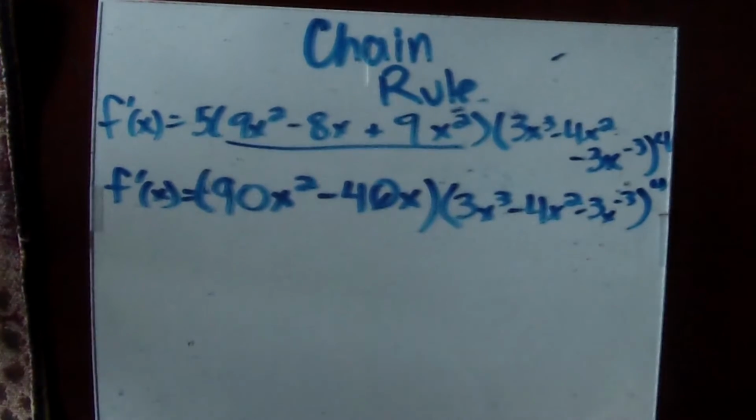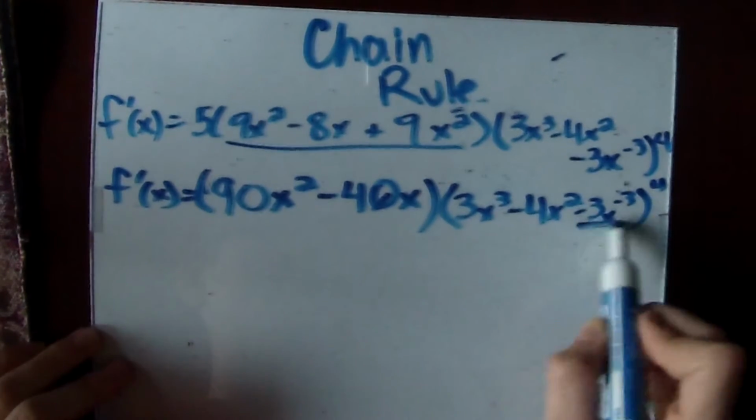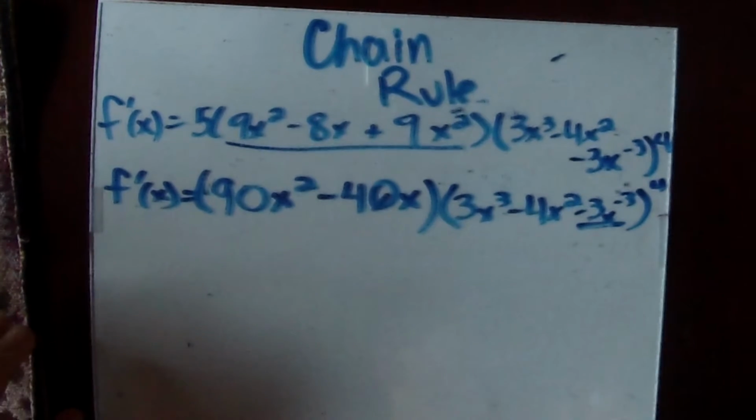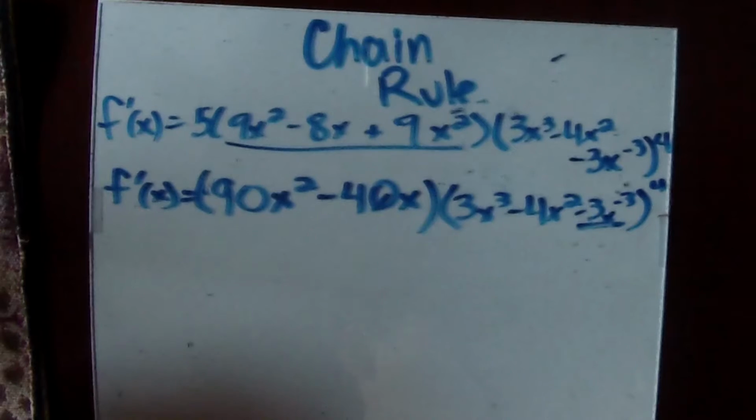Now, we're not quite done yet because we still have this function written improperly. We have to make this back to its original form. So we're going to have to convert it back.